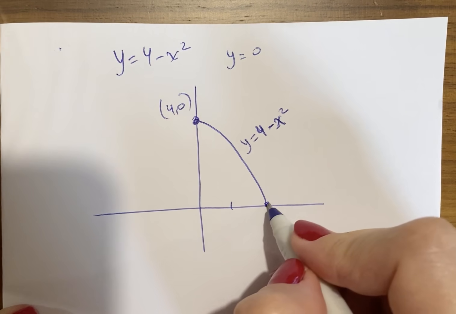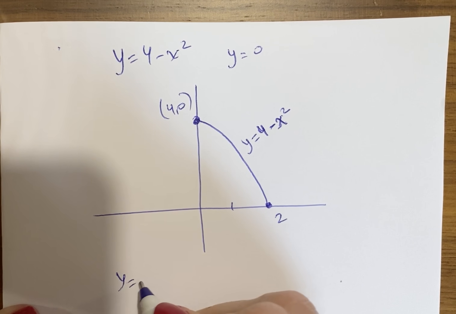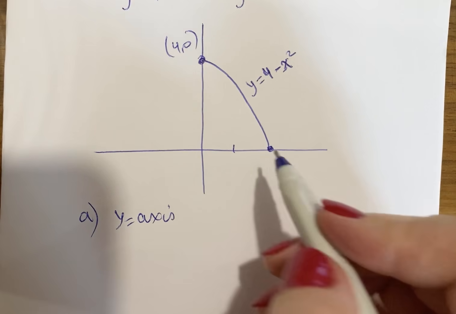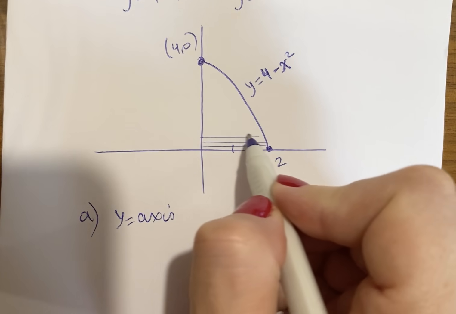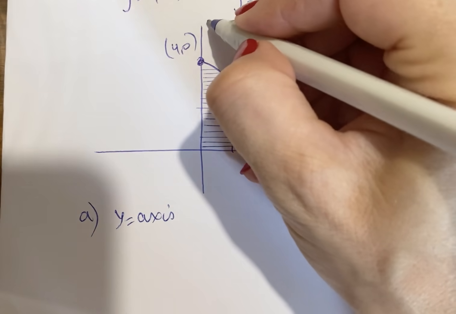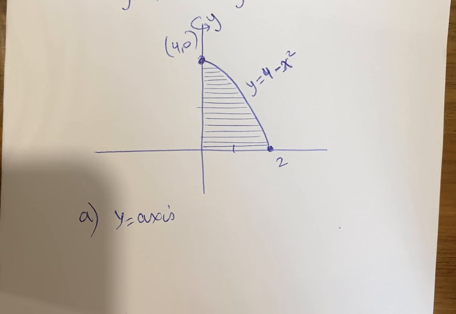I want first to rotate it about the y-axis. I'm going to use the same scenario and rotate it in different ways. This is the region that we are talking about. And we are going to rotate it about what line? The y-axis.